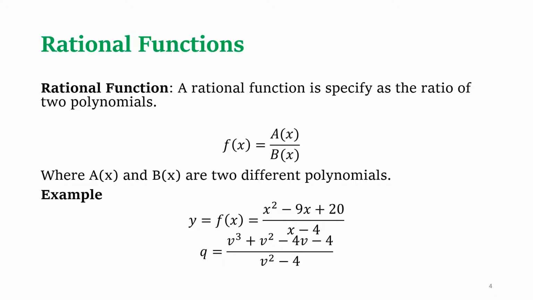Okay, so now a typical polynomial here is also given as v cubed plus v squared minus 4v minus 4. Now remember, this numerator is a cubic function of degree 3, because the variable v here with the highest power has a value equal to 3.